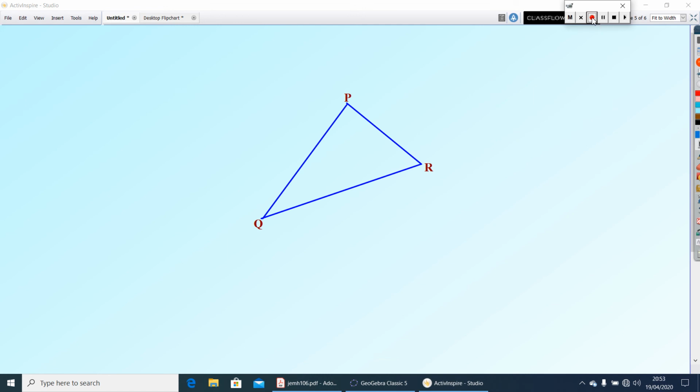Here is a triangle PQR. I want to find the area of this triangle PQR. You know how to find the area of a triangle. Area of a triangle is equal to half into base into height. Now let me take QR as the base and draw its height or perpendicular from P. Now what is the area of triangle PQR?